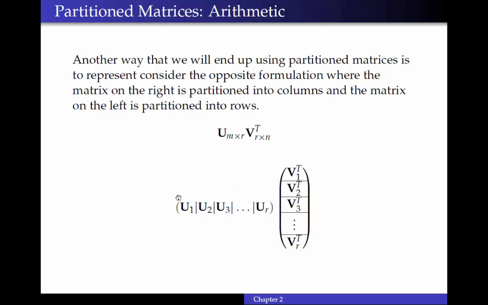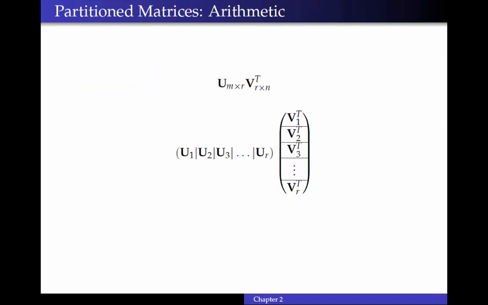Okay, so here I have this matrix U, and it's partitioned into R columns. And I have a matrix V, which is partitioned into R rows. So this partitioning is nice because what I'm going to do is just multiply this row times this column, as if I was dealing with individual numbers, even though I'm not.